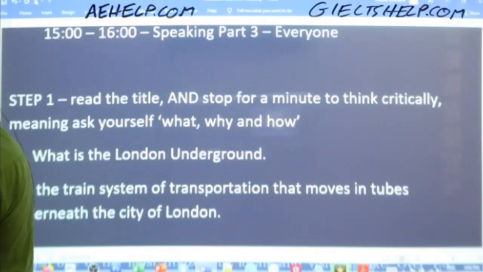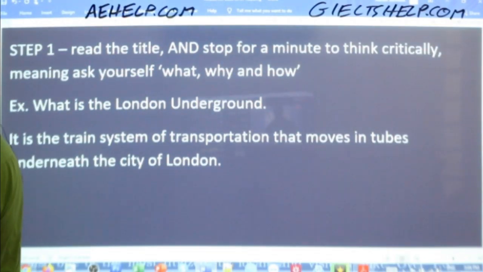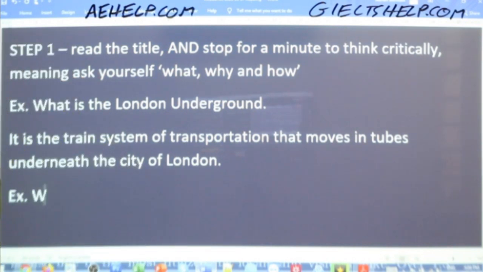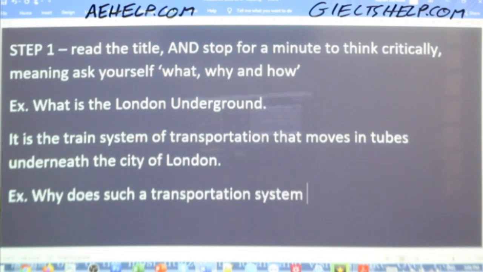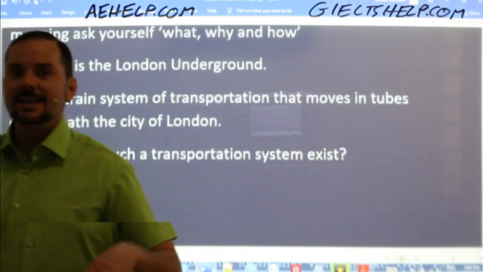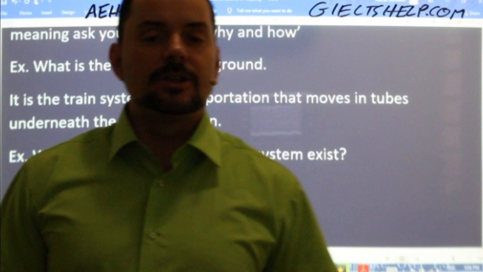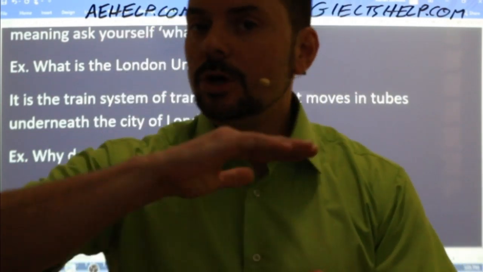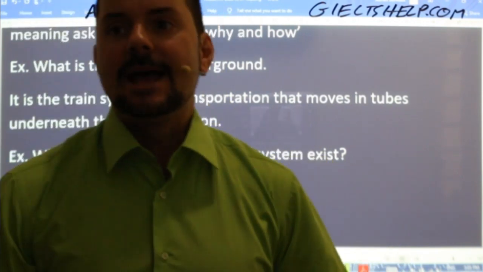Why? So the question here is, why does such a transportation system exist? What's your answer? Asking the right questions and answering them in your mind quickly before you begin reading can really help to improve your band scores.